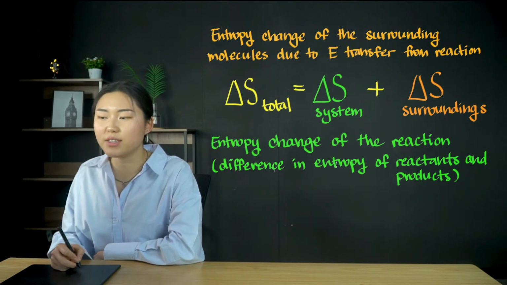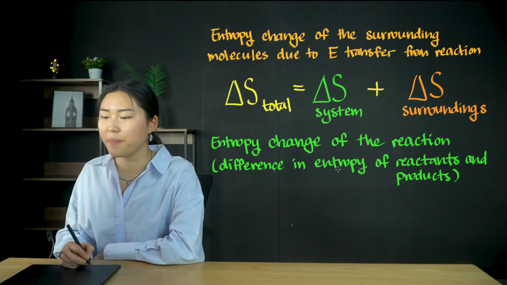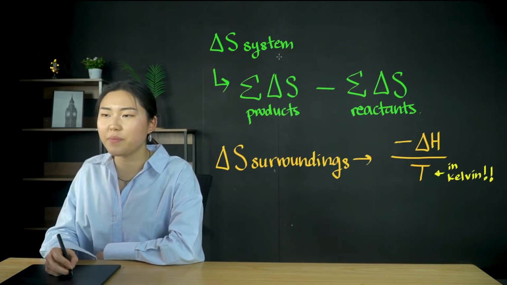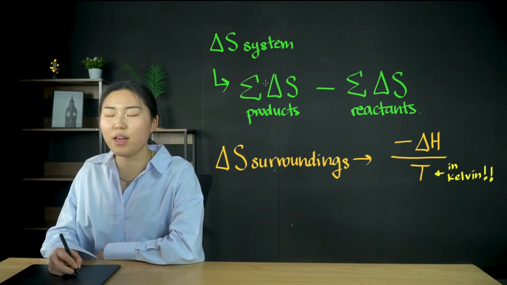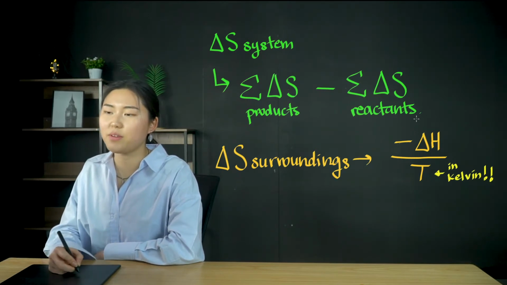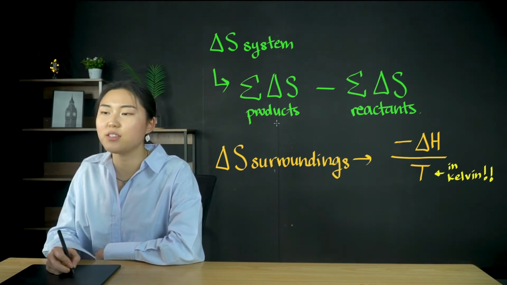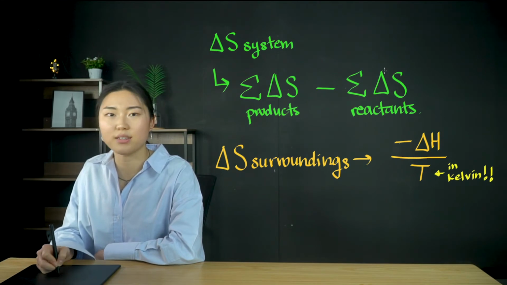So it's a difference in entropy of the reactants and products, okay? So the delta S of system can be calculated from the sum of the entropy of products minus the sum of the entropy of the reactants. Obviously, the products are what we're left with, basically the final products. So we need to do that minus the entropy of reactants, okay?